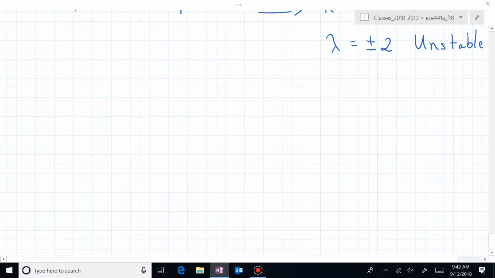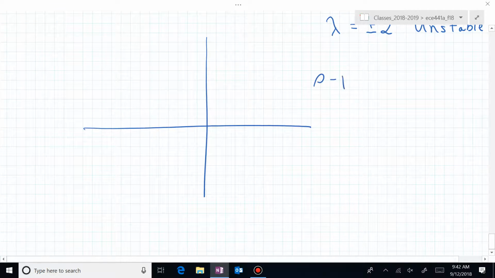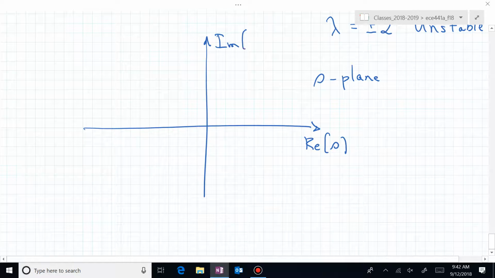If I plotted those eigenvalues in the S-plane, well, now I'm going to go real S, so now lambdas become S magically, but I hope you understand what I'm trying to say.